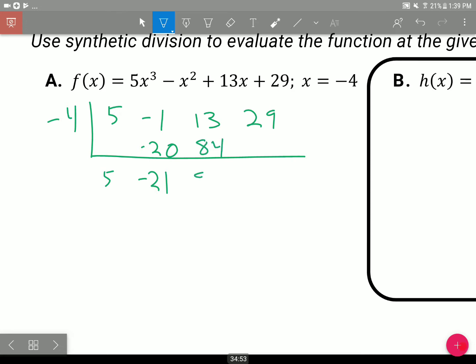You get 97. Anybody know what 97 times -4 is? Yeah, I don't know how to do this in my head either. Somebody do it with a calculator. Negative 388? Yeah, I think that's right. All right, combine them.